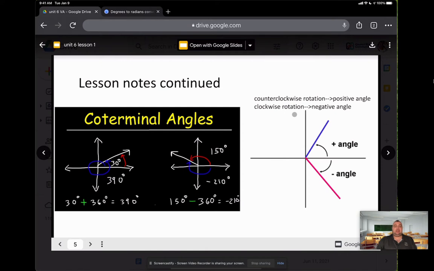If we rotate clockwise like we do on a clock, the angle is going to be negative. So when you count the number of degrees or radians that something rotates in a clockwise direction, the rotation is going to be negative, whether it be degrees or radians. So that's really important.